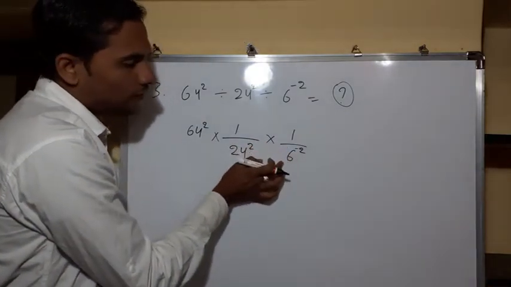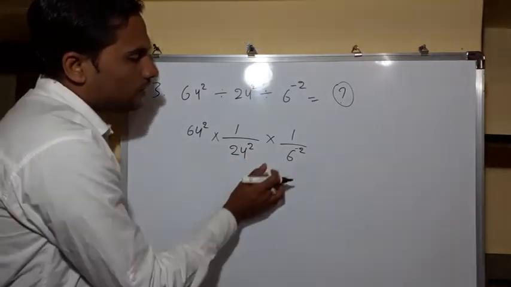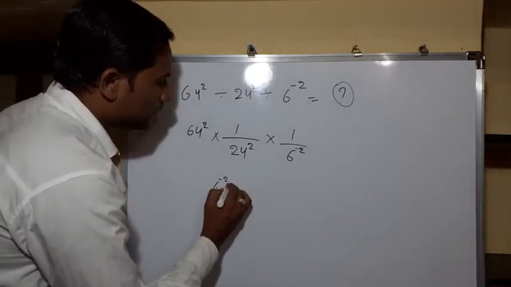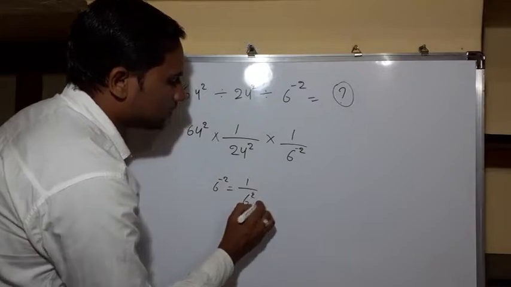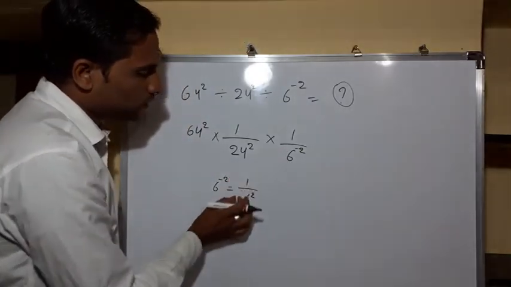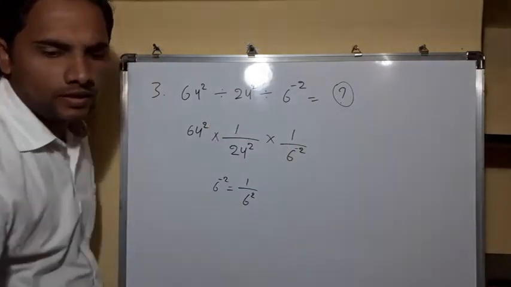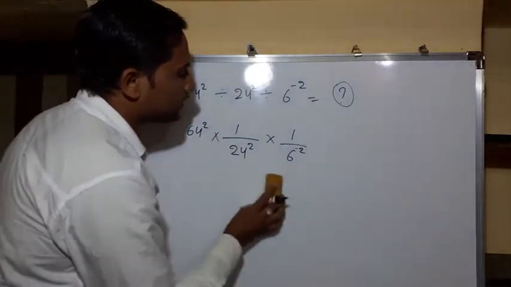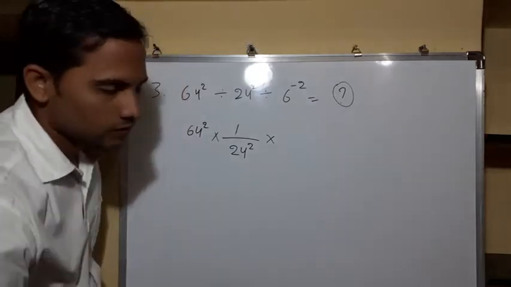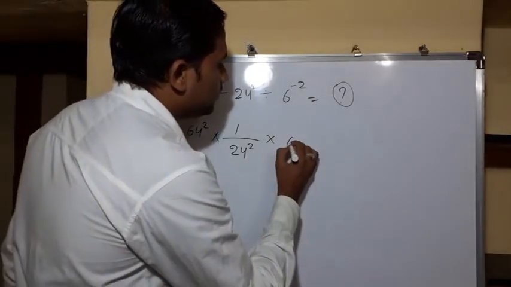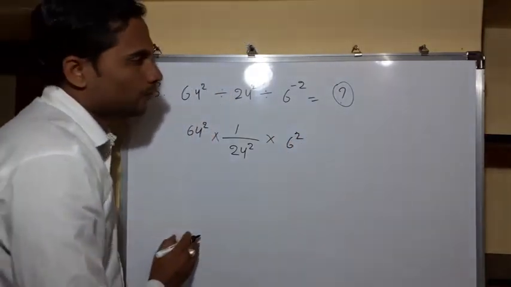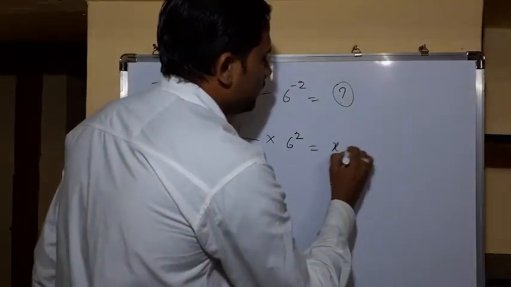So apply the law of negative powers. What does it say? 6 raised to minus 2 means we can write 1 by 6 raised to 2. So if I substitute this 1 by 6 raised to 2, this 6 raised to 2 will come into the numerator, right? So I will just write that simplified form here. So it will be 6 raised to 2 is equal to x.